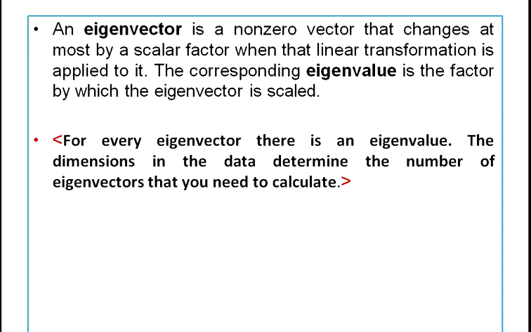Giving you a brief idea, an eigenvector is a non-zero vector that changes at most by a scalar factor when a linear transformation is applied to it, and the corresponding eigenvalue is the factor by which this eigenvector is scaled. Note that for every eigenvector there is an eigenvalue, and the dimensions in the data determine the number of eigenvectors that you need to calculate.